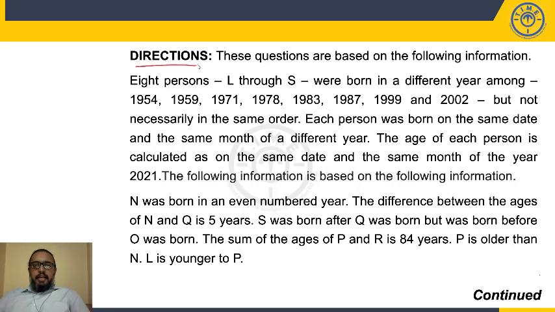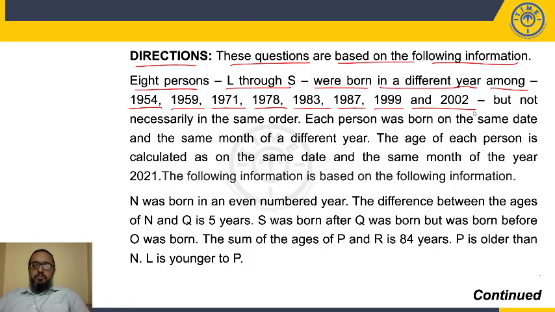Next. Directions. These questions are based on the following information. 8 persons L through S were born in a different year among 1954, 1959, 1971, 1978, 1983, 1987, 1999 and 2002, but not necessarily in the same order.